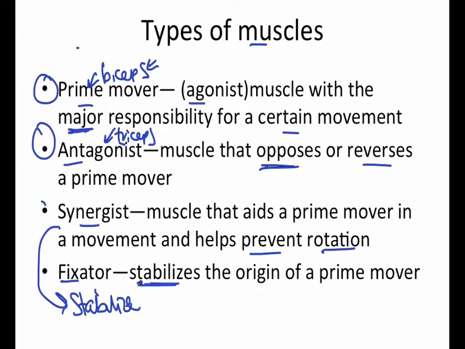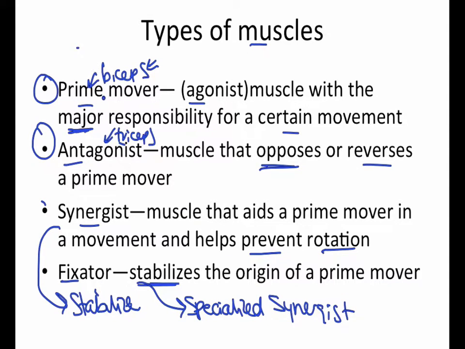So a fixator is really going to be a specialized stabilizer. It's a specialized synergist is really what it is. So it helps to stabilize the origin of a prime mover.